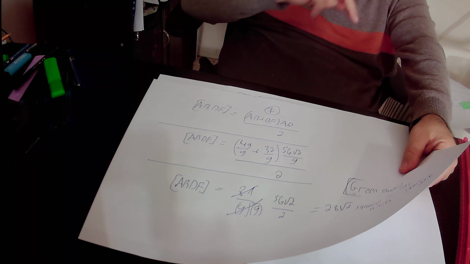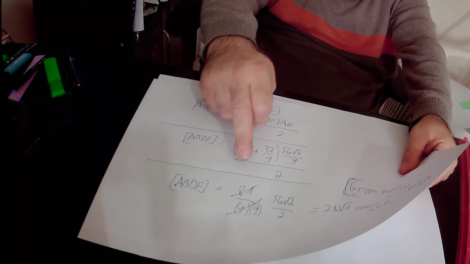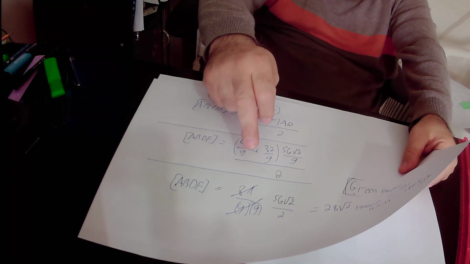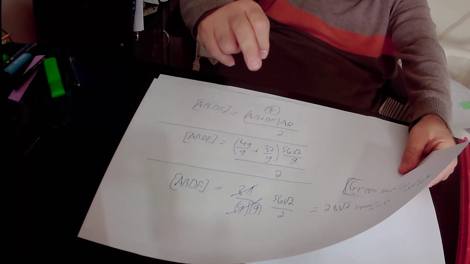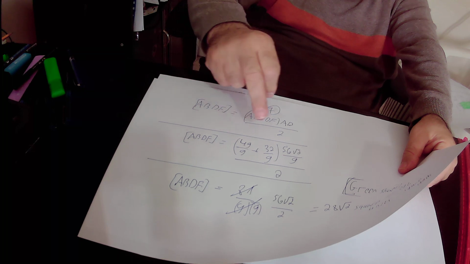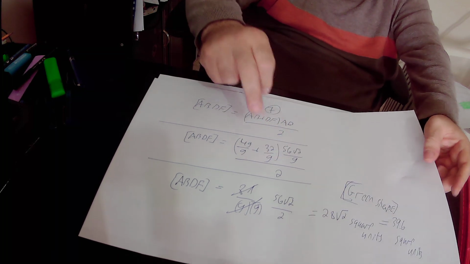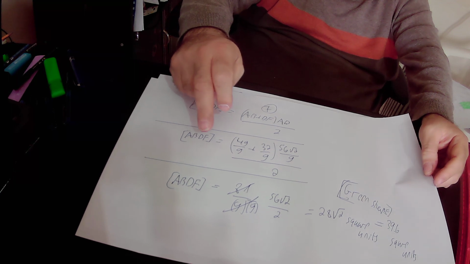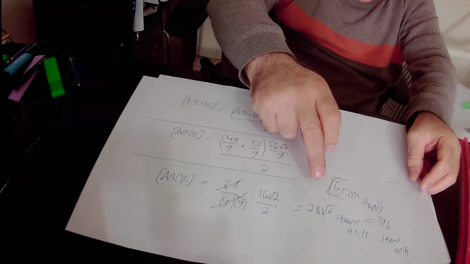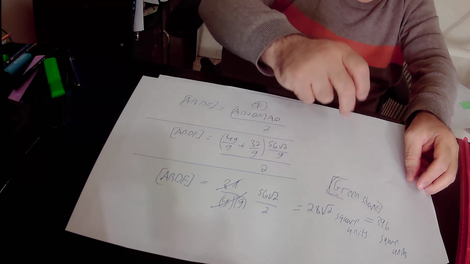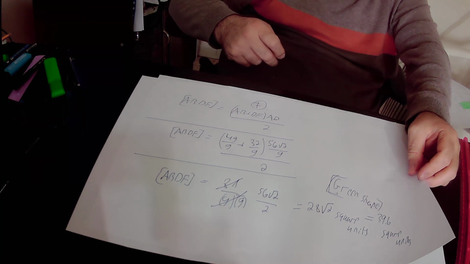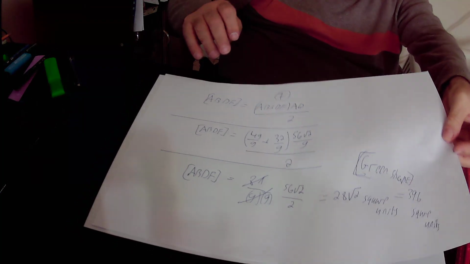Okay, and 49 plus 32 is 81. Here 81 over 81 is 1. So we are left only with 56 times square root of 2 over 2. That is to say, the area of the green shape equals 28 times square root of 2 square units, or in terms of numbers, it equals 39.6 square units.